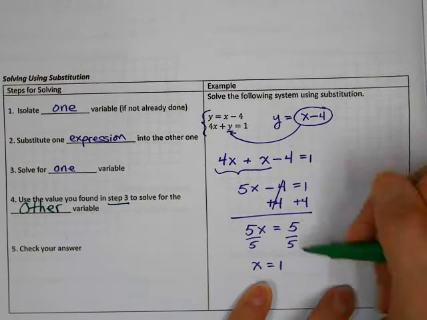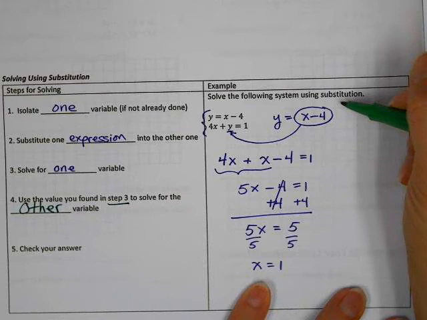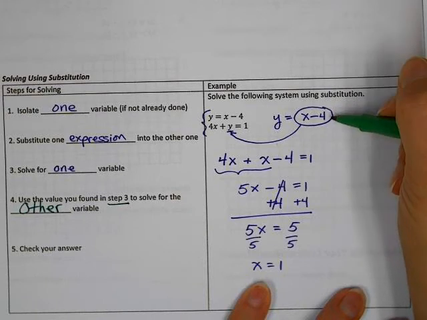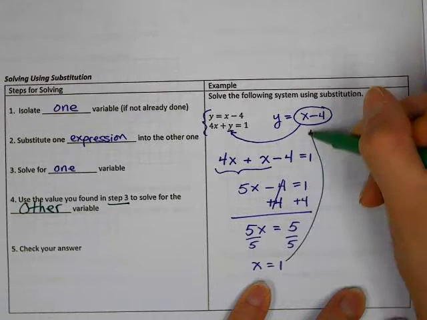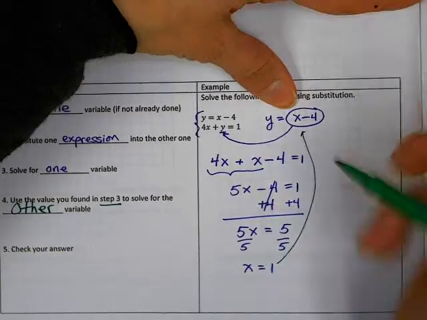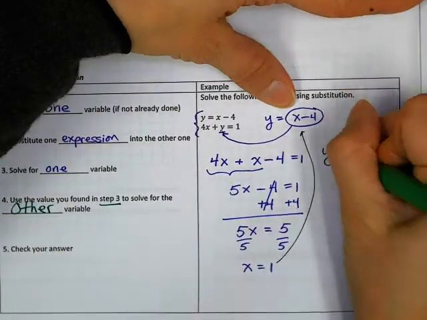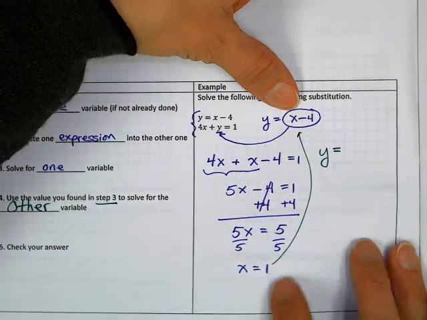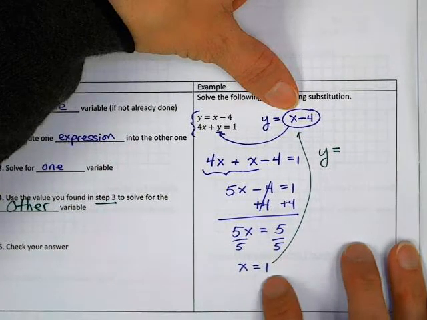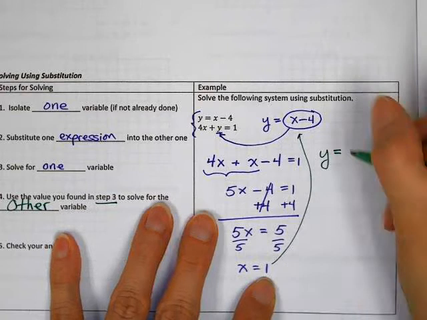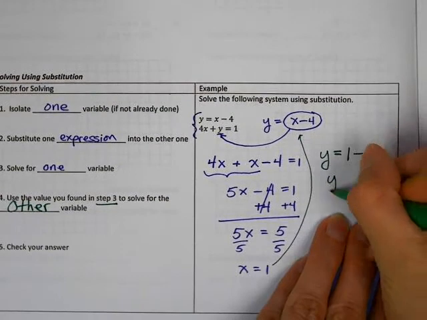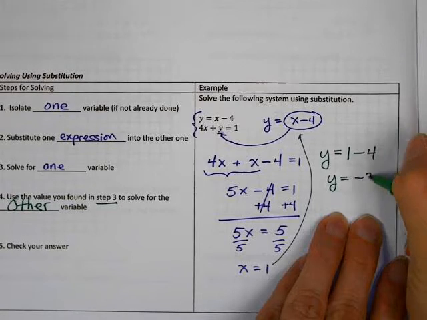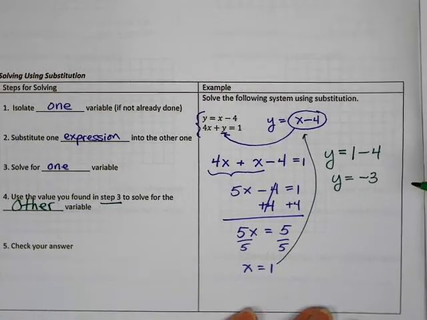The easiest place to do that was with whatever you circled up here. We're going to plug it in right up there. So y equals x minus 4, but we know the x number is 1, so let's use that to our advantage. 1 minus 4, y equals negative 3. y equals negative 3.